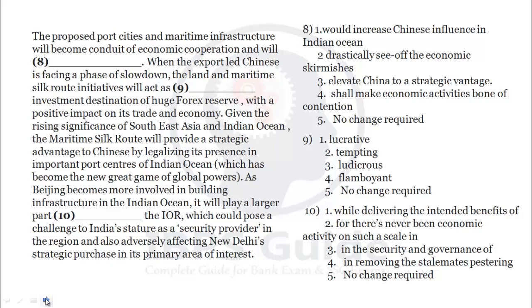So which can be the correct option? Will become conduit of economic cooperation and will elevate China to strategic advantage, because the next portion of this sentence is leading to Chinese. So definitely the option should be China.